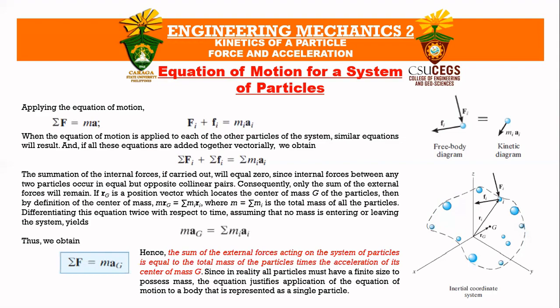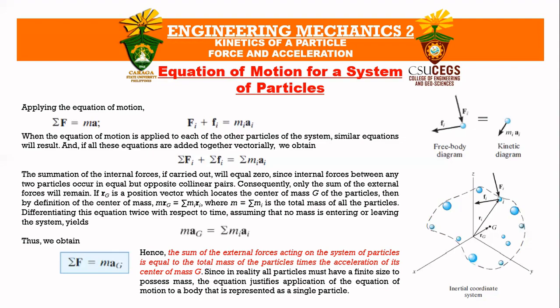So we have here the summation of all forces is equal to the product of mass and the acceleration located at the center of mass g of the particles. Hence, the sum of the external forces acting on the system of particles is equal to the total mass of the particles times the acceleration of its center of mass g.